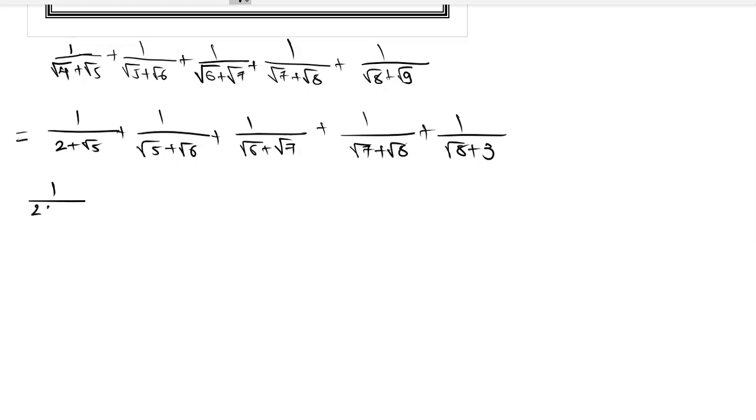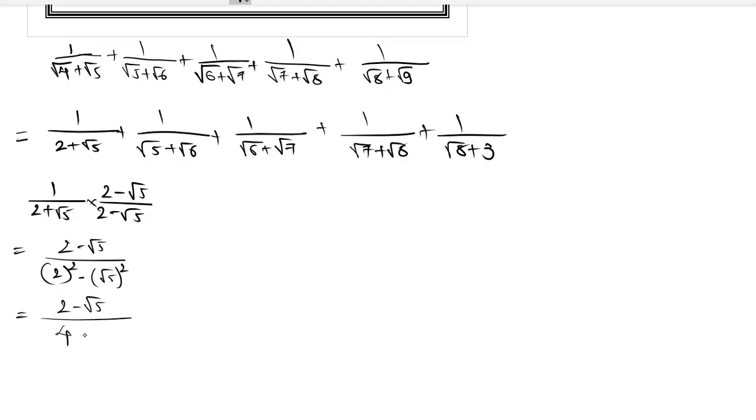1 upon 2 plus root 5 will become 2 minus root 5 upon 2 minus root 5. So this will become 2 minus root 5 upon 2 square minus root 5 the whole square, which is 2 minus root 5 upon 4 minus 5, right?